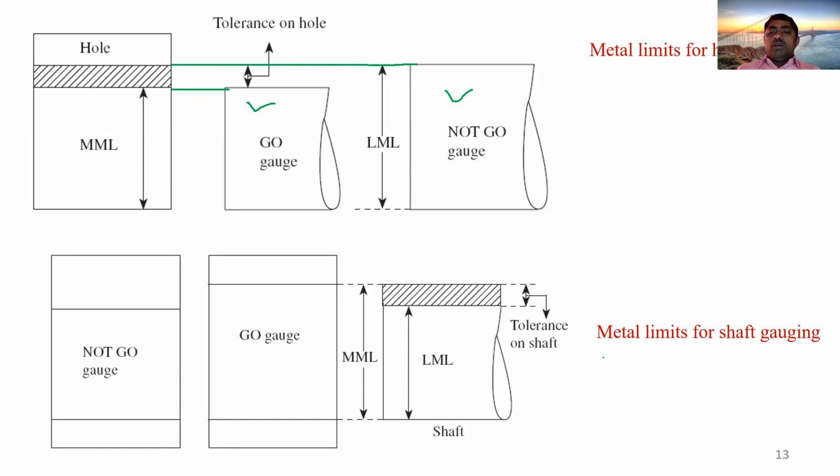Similarly, for the metal limits for shaft gauging, the go gauge corresponds to the high limit of the shaft, and the not go gauge corresponds to the low limit of the shaft.